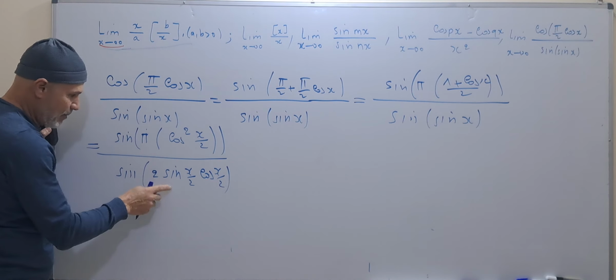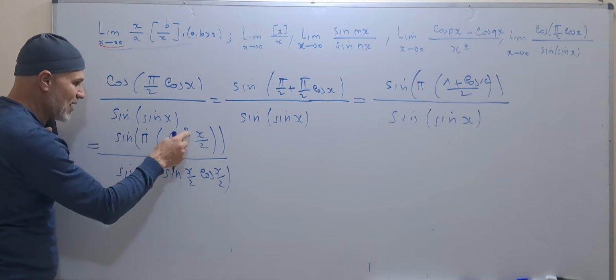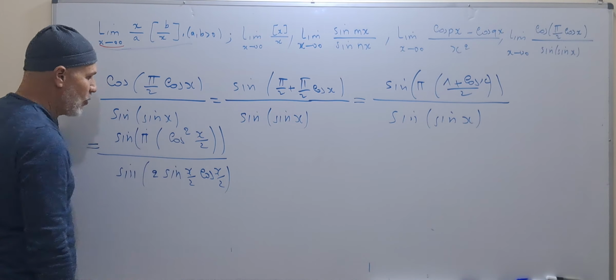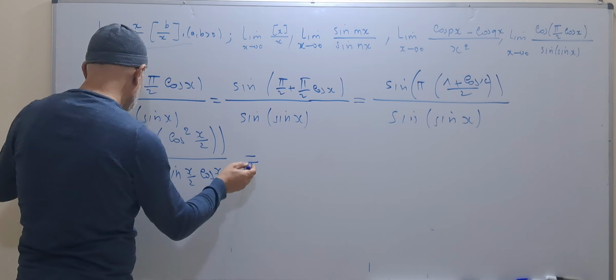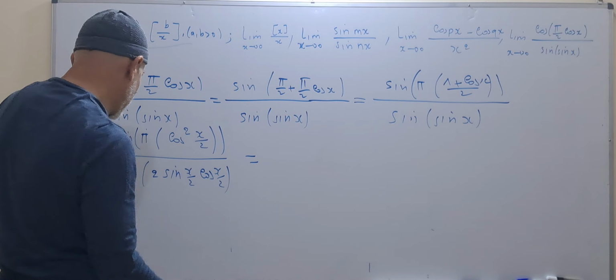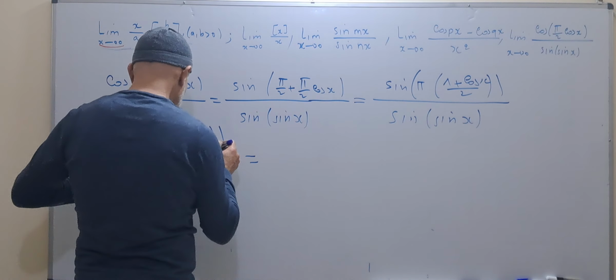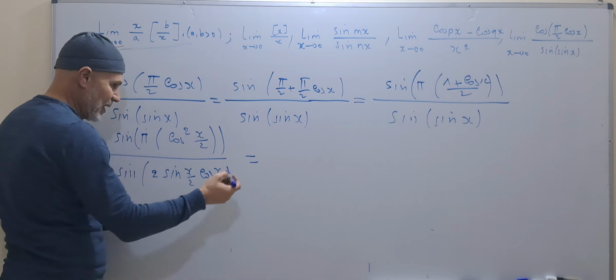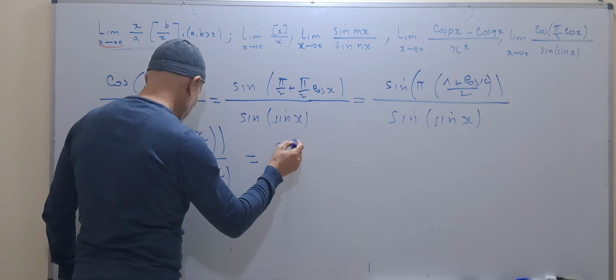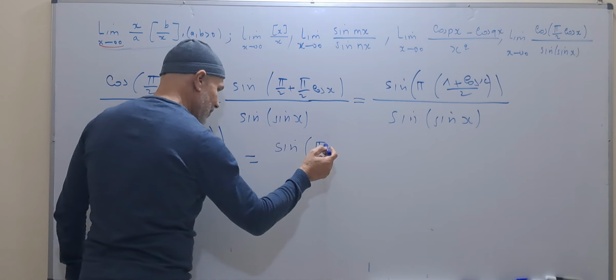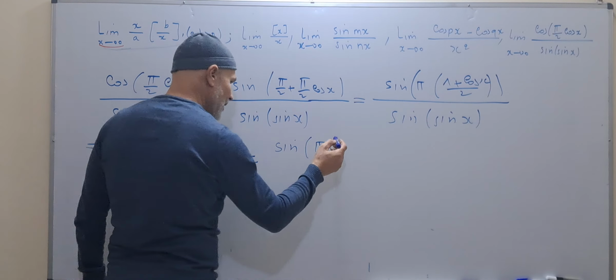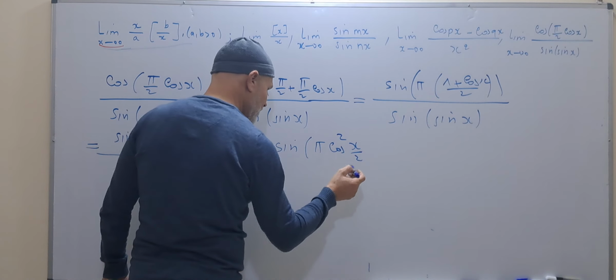Why do we make this transformation? Because here we have x over 2. And here we write this last formula: sine p cosine squared x over 2.